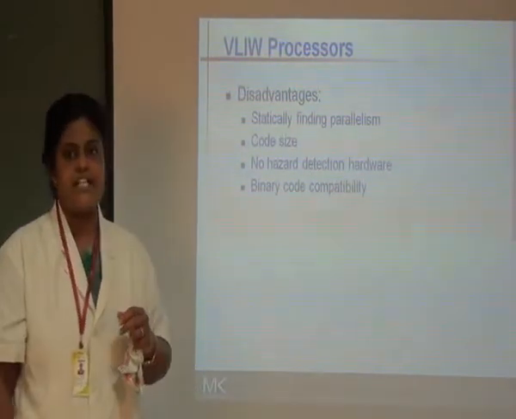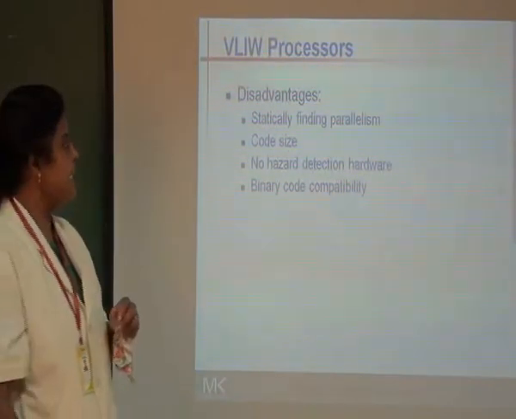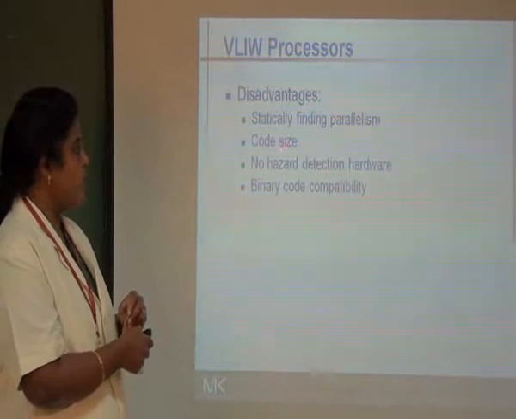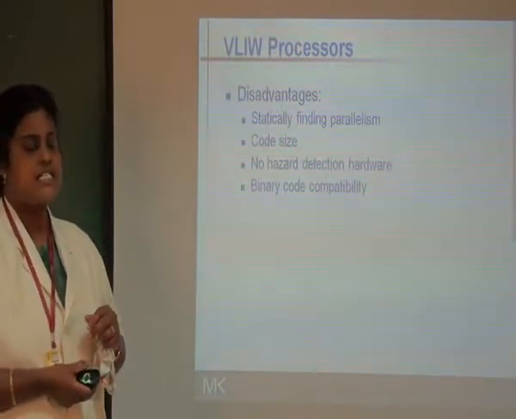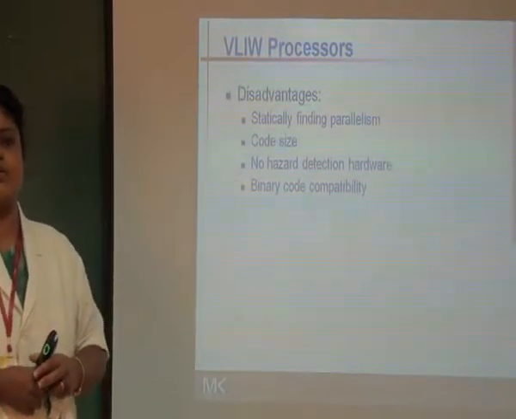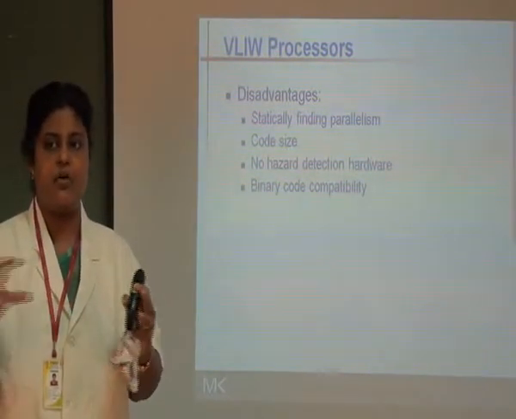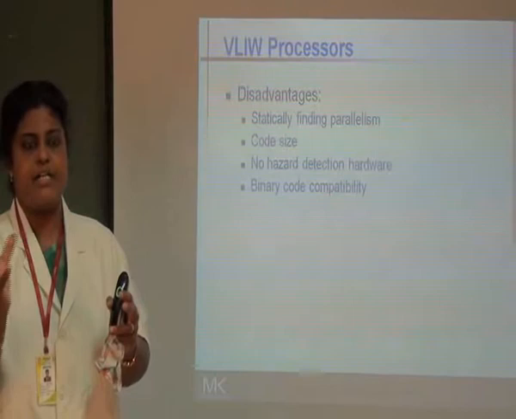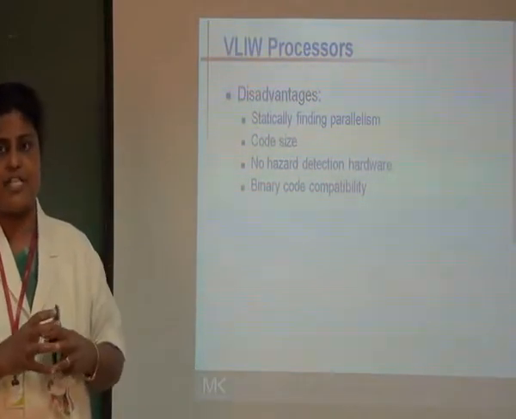So what are the disadvantages here? The disadvantages are: we are statically finding the parallelism, the code size becomes lengthier, there is no hardware for reduction of hazards, and the last point is that there is no compatibility with the binary code. That is, we are packaging a number of instructions into one very long instruction, so the compatibility between the binary bits has to be taken care of when you package the instructions.